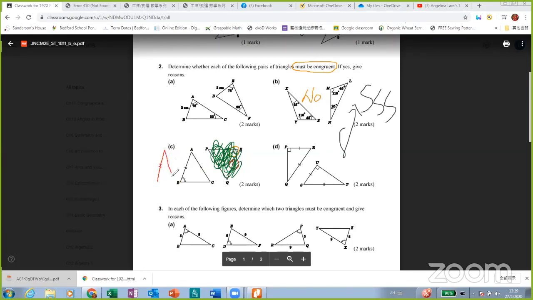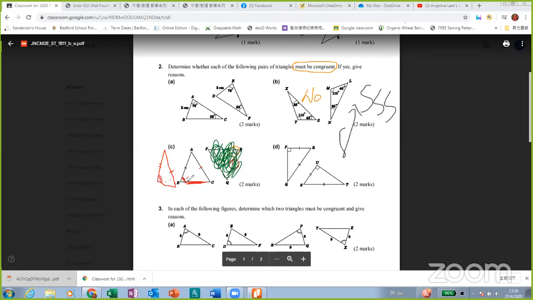It means I can draw this triangle so that these two lengths are the same, and then I have these two are the same. And then I can still have these two angles the same. But obviously these two triangles are not congruent, not the same shape, because this length, no information.